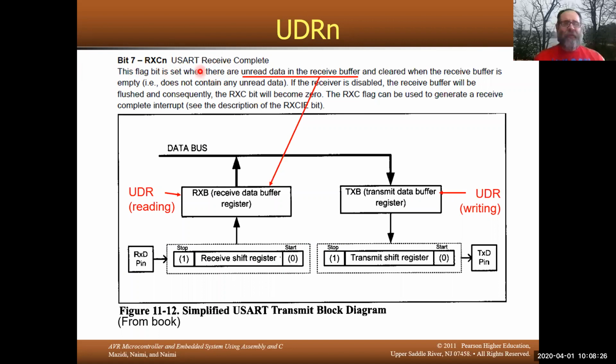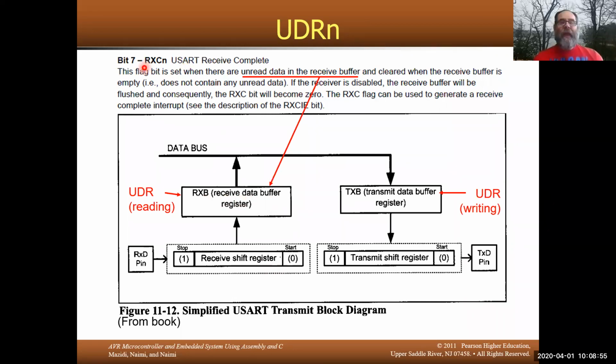There is a bit, the most significant bit, that says there is unread data in this receive buffer. So a character has been received, shifted in bit by bit. The character is complete. It is automatically loaded into this receive buffer, UDR0, when we read it.